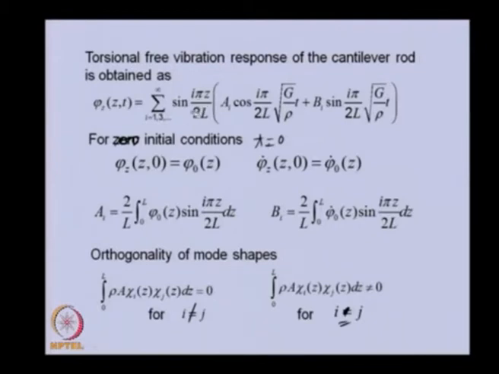These have been obtained using the orthogonality condition of the mode shapes. So for different initial conditions we can get these constants, and the free vibration can be described. We have analyzed the torsional vibration.